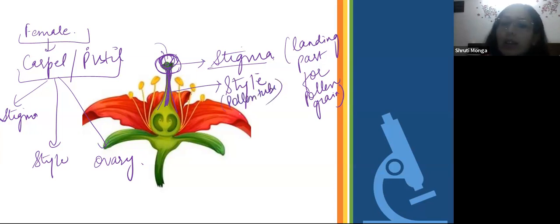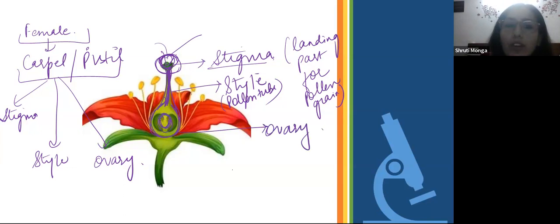And pollen grain has what? The male gamete, which is necessary for fertilization. Right, so stigma, the top part, landing portion; style, the tube-like structure which has the pollen tube in it, carrying the pollen grains. Then you can see an oval shaped structure at the terminal end of the carpel, which is known as the ovary, right? And inside the ovary, what is present?